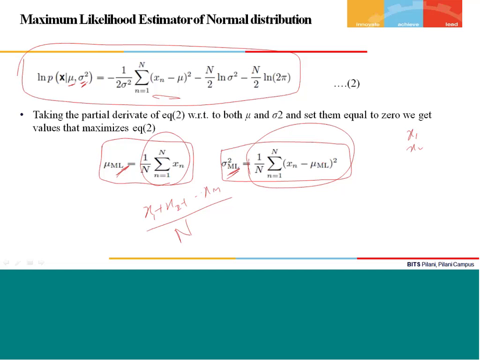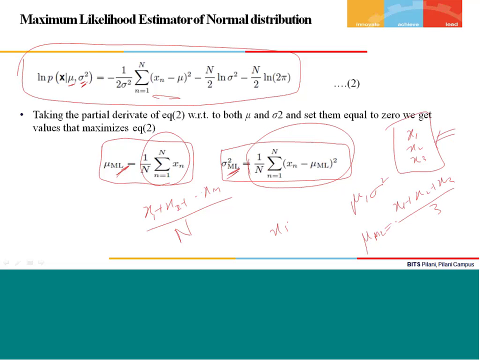So if you have x1, x2, x3, and somebody tells you that these samples are drawn from the Gaussian, find out the maximum likelihood parameters of this Gaussian. The maximum likelihood parameters for this Gaussian are two: sigma square, the variance, and mu. So you will find mu by x1 plus x2 plus x3 divided by 3. This is the mu maximum likelihood. And how will you find out the variance?